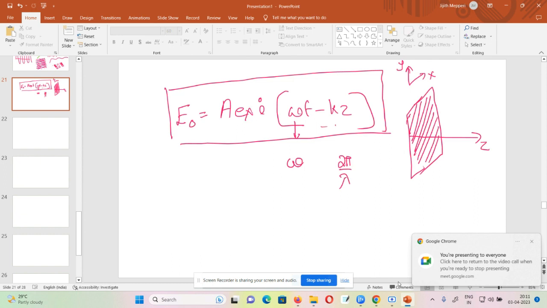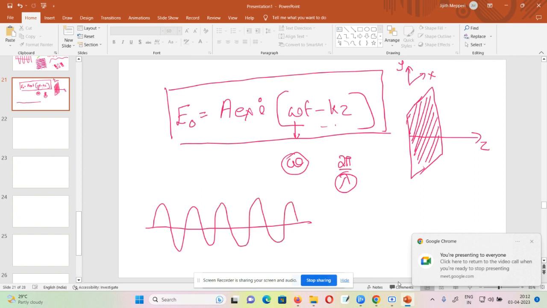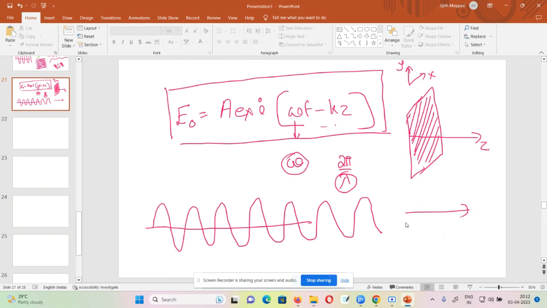In an ideal case, the frequency is a constant, so the wavelength will also be a constant. If you put a plane wave and look at the phase pattern, you can see the phase will be changing like this, and it will extend towards infinity. Omega is a constant, so it is an infinitely extended phase change.